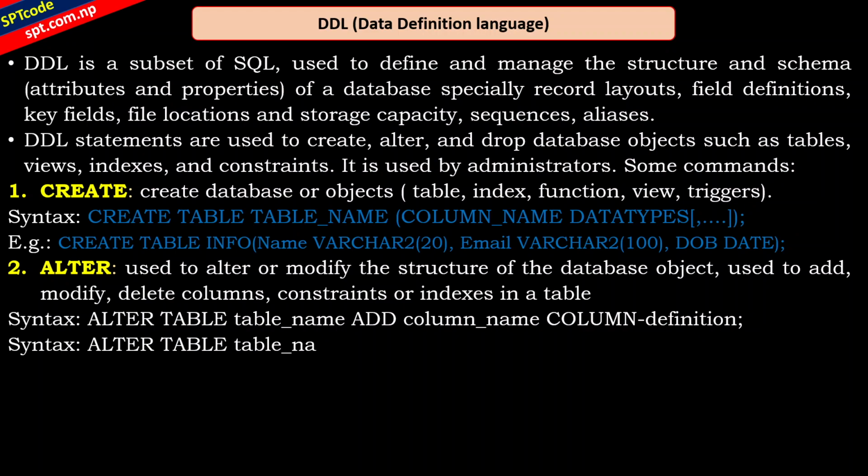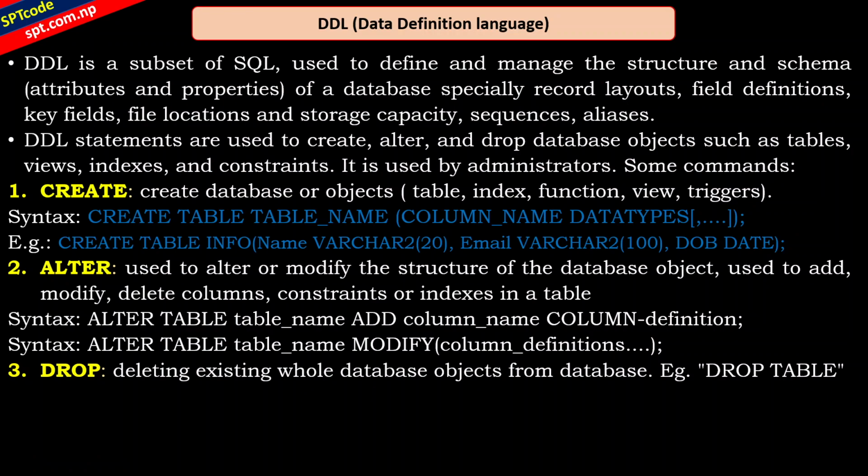We will use it practically, don't worry. Here, if you want to add a column, you write add column name, and you can use modify to change data types as well.